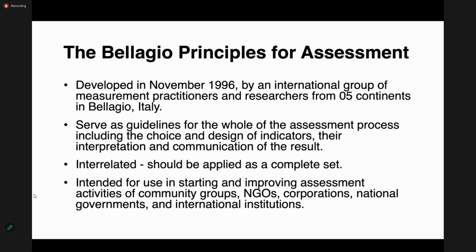So basically, how you should choose, how you should design indicators, how you should interpret them, how you should communicate your results, everything. These principles are intended for use in starting and improving assessment activities of community groups, NGOs, corporations, national governments, international institutions, and things like that.